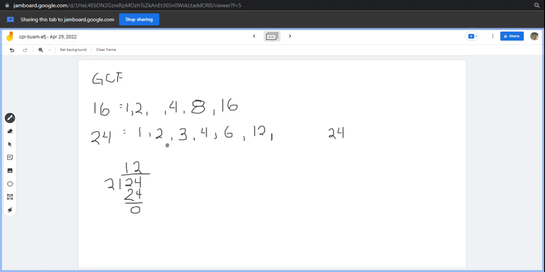Ano pa? Meron tayong 3. So, divide niyo yung 3 sa 24. 24 divided by 3. What is the answer? Teacher, let me think on my own.